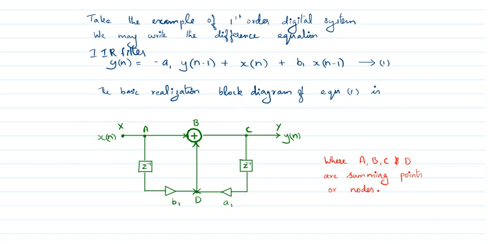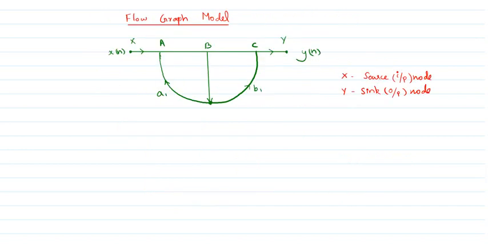So here A, B, C and D are the summing points, or nodes. So this is the block diagram for equation 1, and the similar flow graph model is also drawn here. X of n multiplied with the constant and the y of n multiplied with the constant b1.